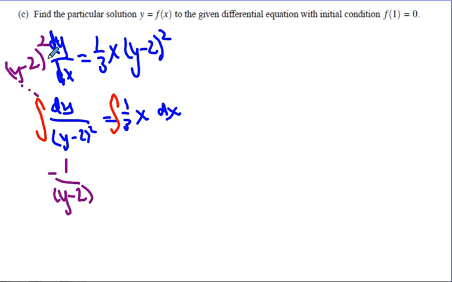So when we integrate, we add 1 to the power, which would give us negative 1, and then we would have had to have multiplied it by a negative, which is why this whole thing ends up being negative. All right, the 1/3 is going to stay out in front, and this is going to become an x squared, and then we have to divide by the power. So when we divide by the power, we're dividing by 2. So we get a 1/6 x squared plus c. Please don't forget the plus c. You lose a lot of points if you forget that.